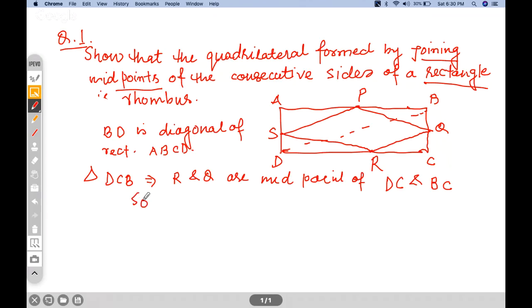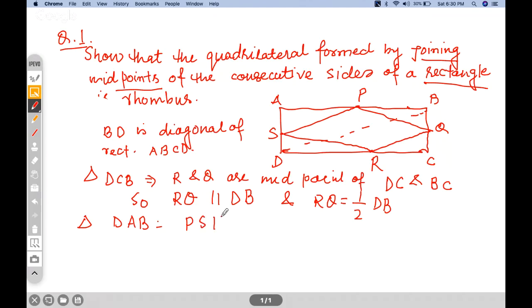So RQ would be parallel to DB and RQ would be equal to half of DB. Similarly, if you take the other part of the triangle, which is DAB, you can write that PS would be parallel to DB and PS would be half of DB.